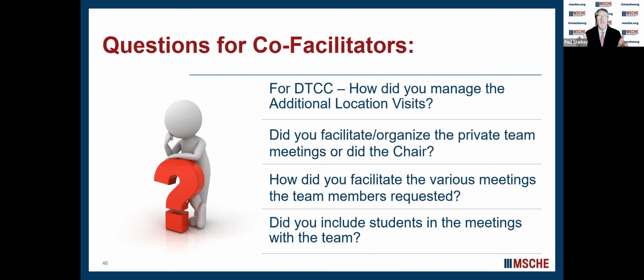So all of our teams have private meeting time where they say, okay, well, I found this and this is what we're thinking. And so did you facilitate that, or did the chair facilitate just the team meetings?